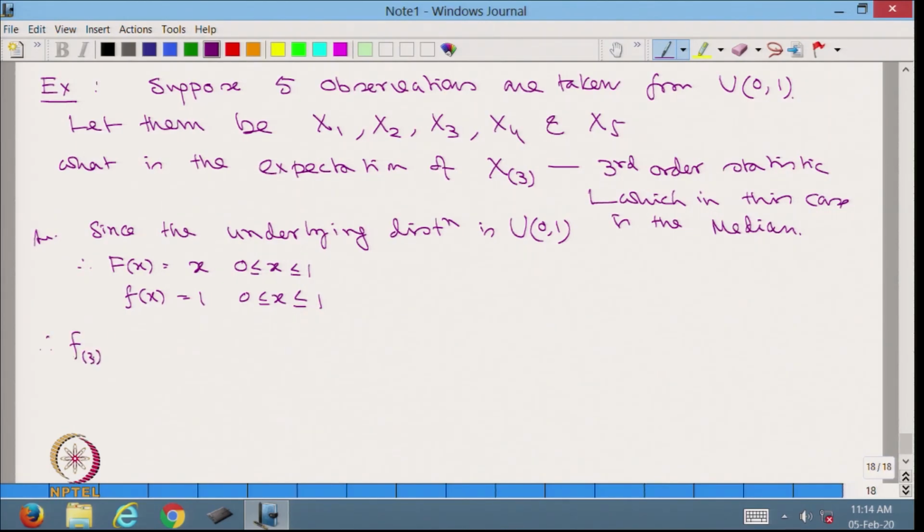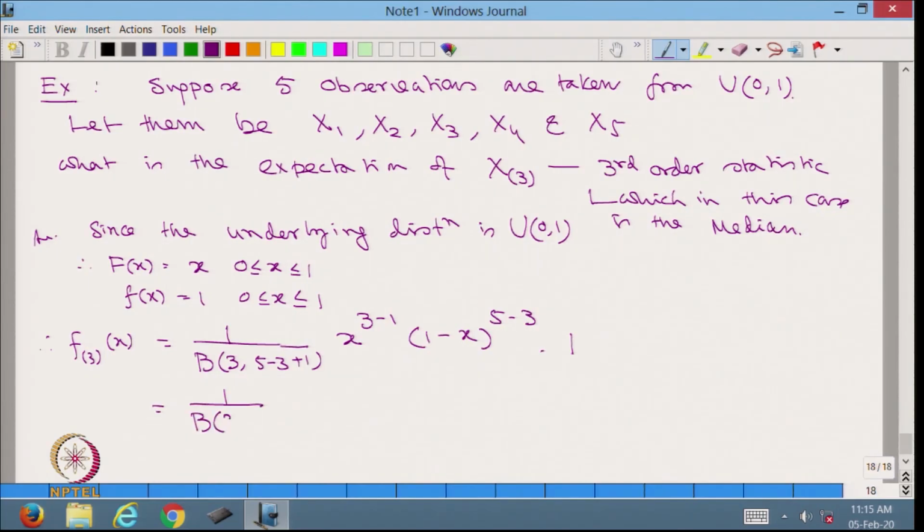Therefore, f_3(x) is equal to 1 upon beta of (3, 5 minus 3 plus 1) into x to the power 3 minus 1 into (1 minus x) to the power 5 minus 3 into 1, which is equal to 1 upon beta of (3,3) x squared (1 minus x) squared for 0 less than or equal to x less than or equal to 1.